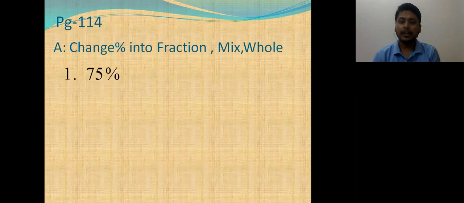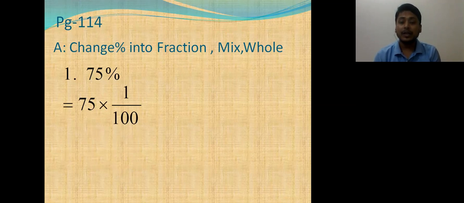Now, change percentage into either a fraction or mixed number, no decimal number. So 75% is given. That will have to be converted into either a fraction, mixed number, or whole number. First, we have to write the value of the percentage. We know that 75% equals 75 by 100 because percent equals 1 by 100, or divide by 100.